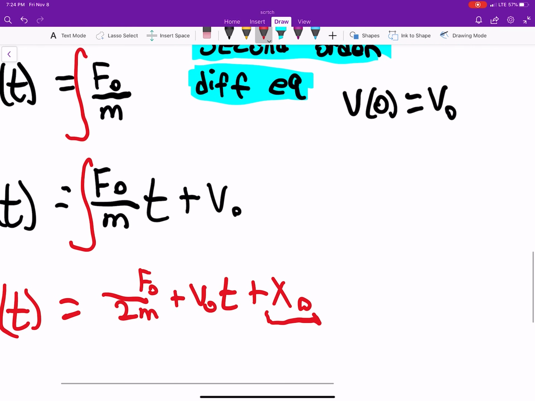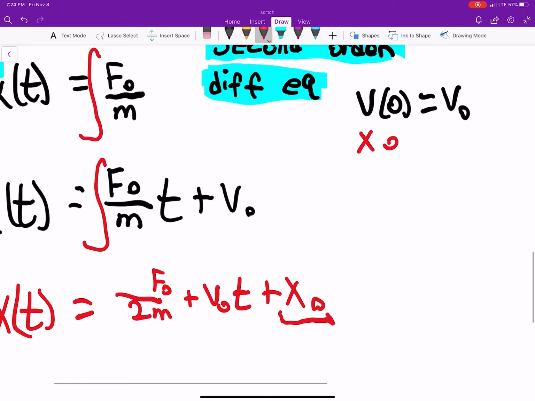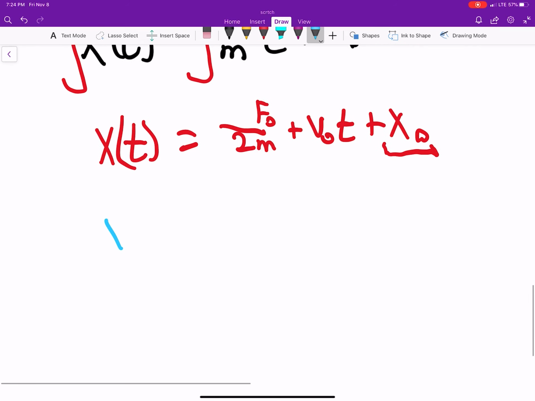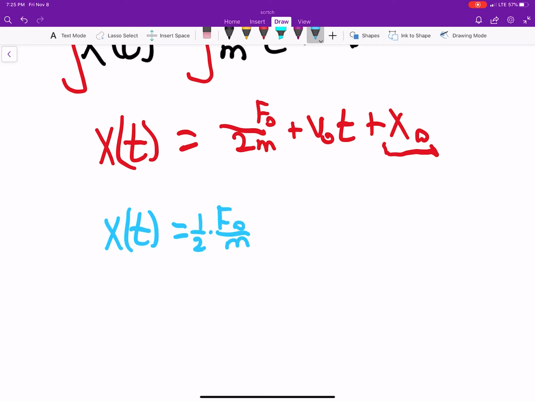We would just say x at time 0 is just x naught. Okay? So we have our position as a function of time: F naught over m times 1/2 plus v naught t plus x naught.